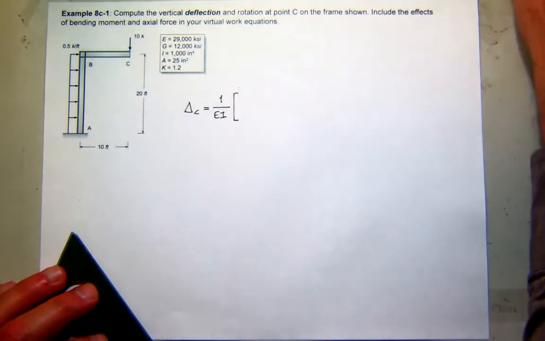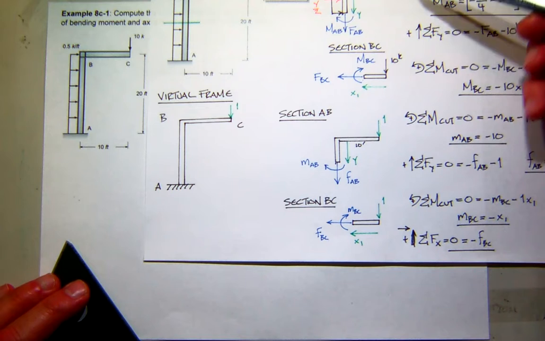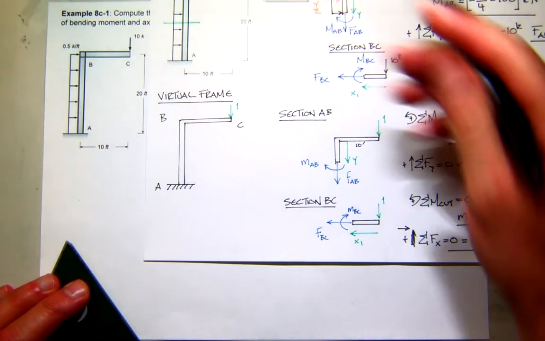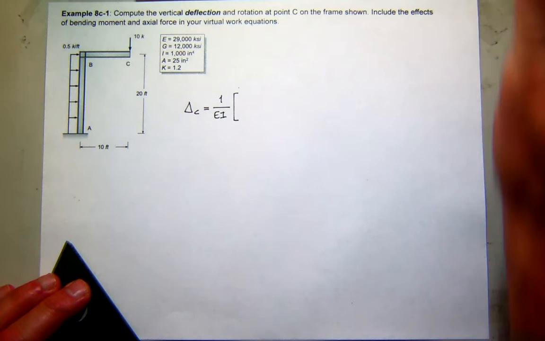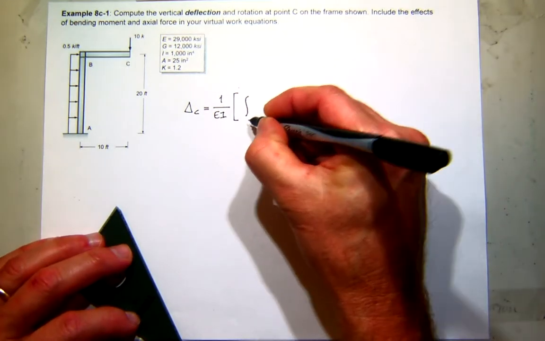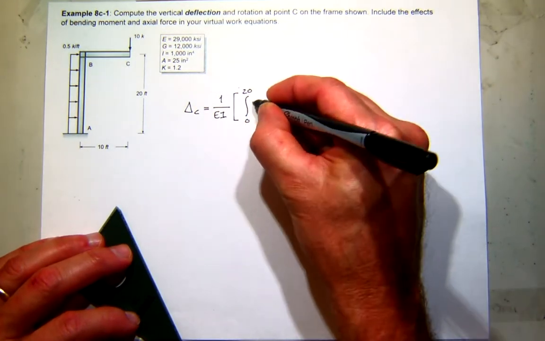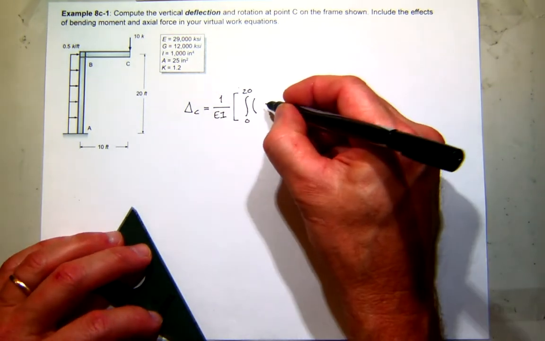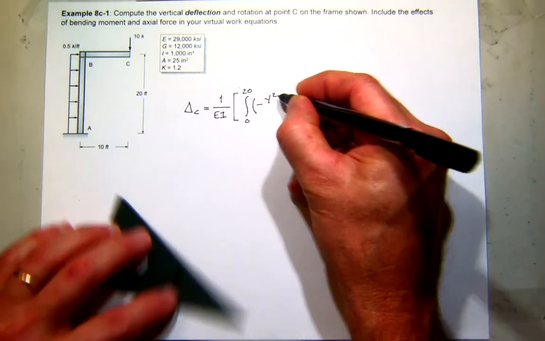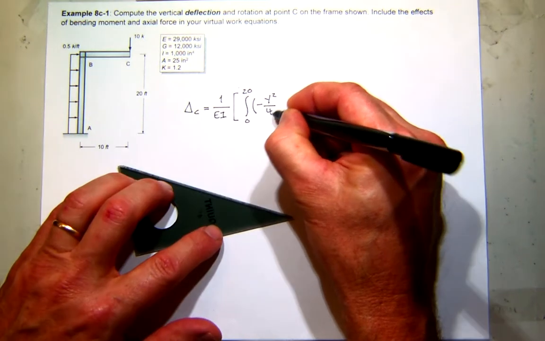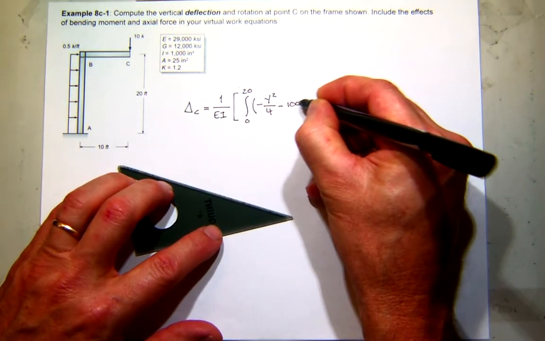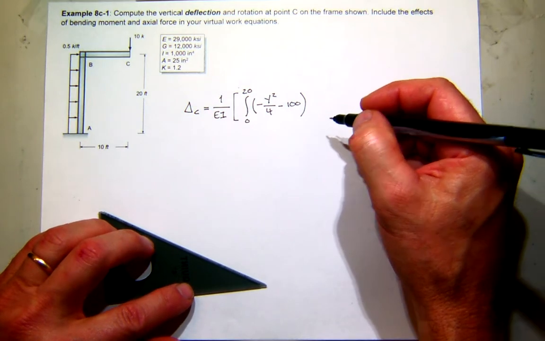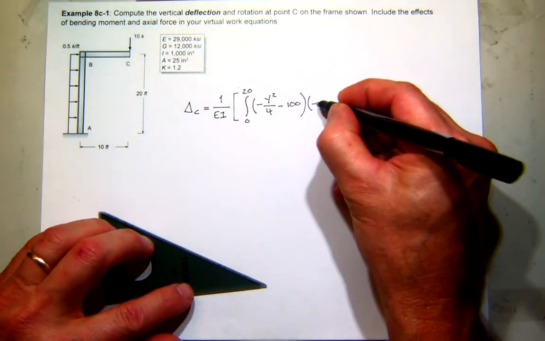Now remember when we defined that, we defined it from the top to the bottom, so it'll go from 0 to 20. The first integral is from 0 to 20. The real moment, if you look on your page, is y squared over 4 minus 100, and the virtual moment for the same segment is minus 10.